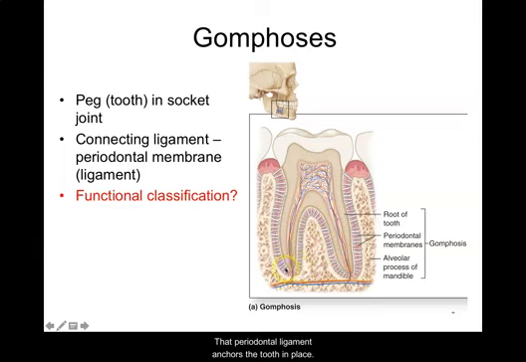That periodontal ligament anchors the tooth in place. This gomphosis joint is typically classified as a synarthrotic joint. Of course, when teeth fall out, this joint does actually change, but during a normal healthy tooth positioned in its socket, we would classify this joint as a synarthrotic immovable joint, the gomphosis joint.